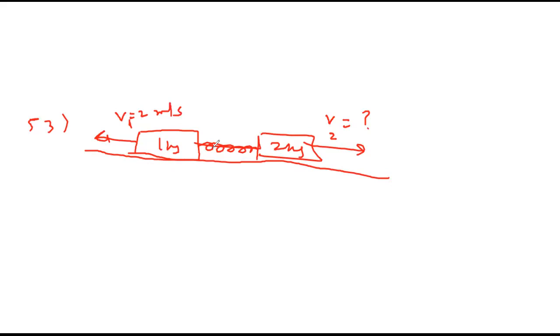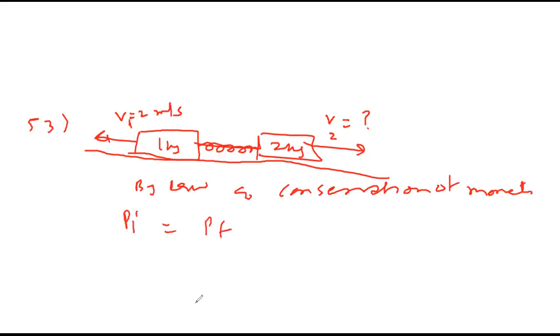Both are tied with a spring. What is the speed of the block at that instant? So initially they were at rest. So by law of conservation of momentum, initial momentum equals final. Initial 0, final 1 into 2.